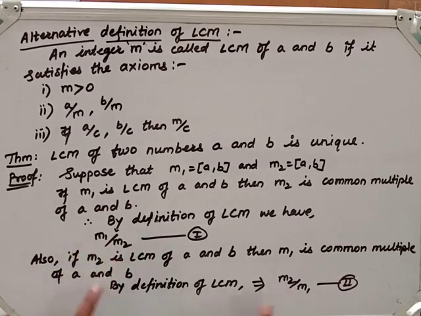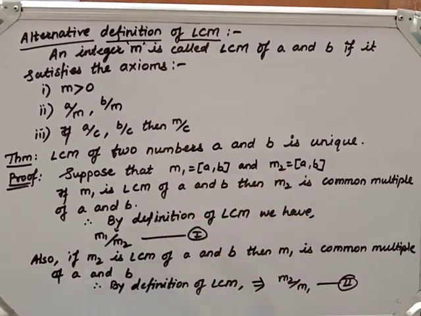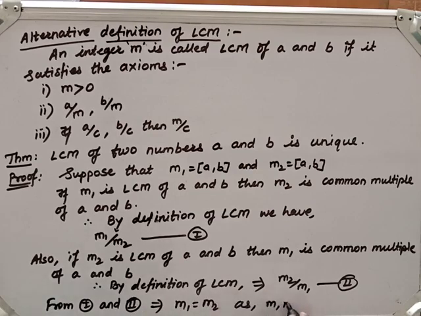As you know, these are LCMs we have assumed, so they are positive numbers. So by the property of divisibility, we can say they are equal. From 1 and 2, this gives M1 equal to M2.